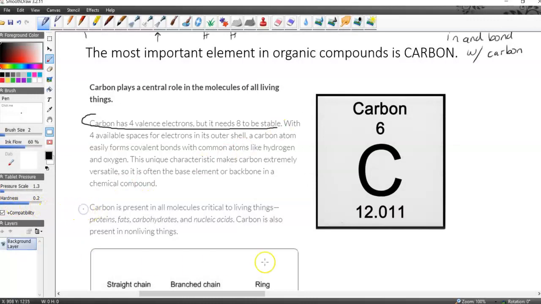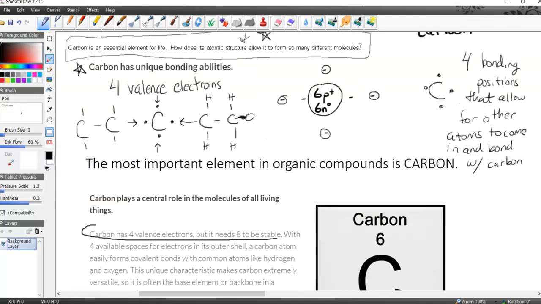Carbon is present in all molecules critical to living things. We talked about those organic compounds that are important for us: proteins, fats, carbohydrates, and nucleic acids. Because carbon only has 4 valence electrons, it has 4 available spaces for other atoms to come in and bond.